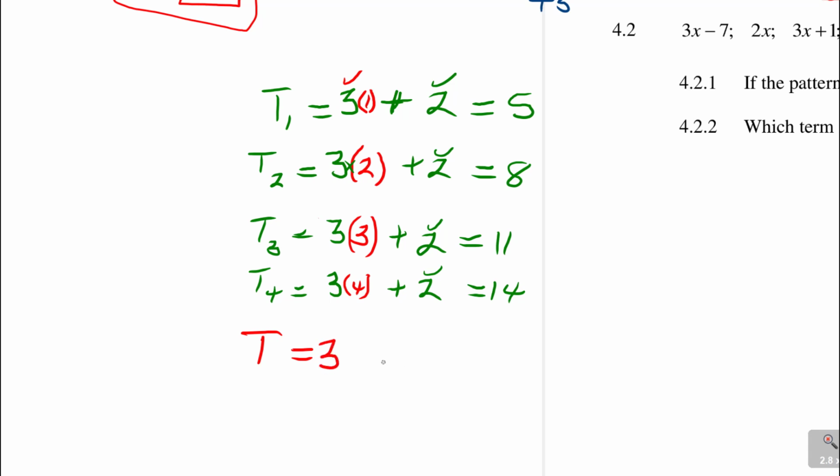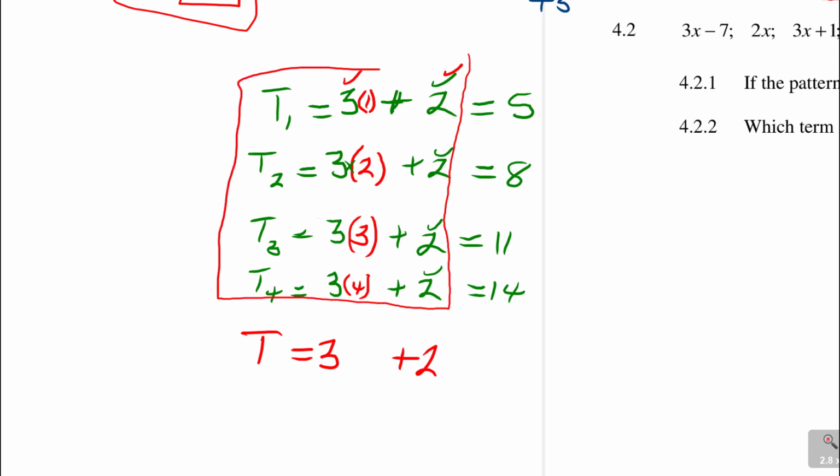I write 3. Then I jump plus the other one that was not changing was 2. You see that? So if I can focus not on the answers, but just focus on this to say T1 is equal to 3(1) plus 2. T2 is 3(2) plus 2. Now if you look at that, if I say T in general, it will be T.